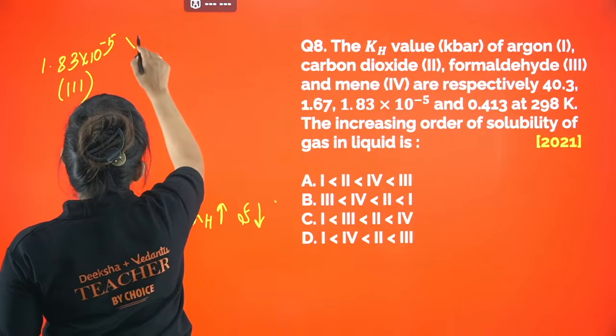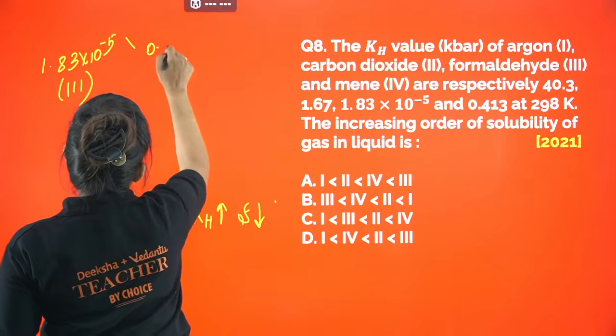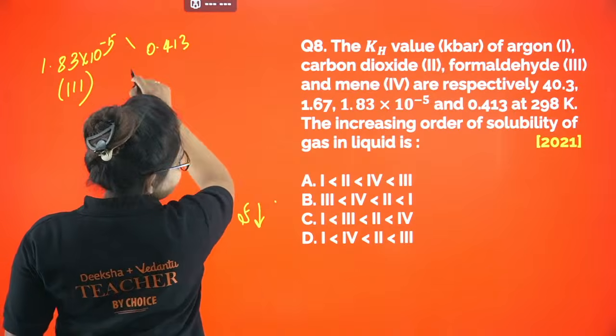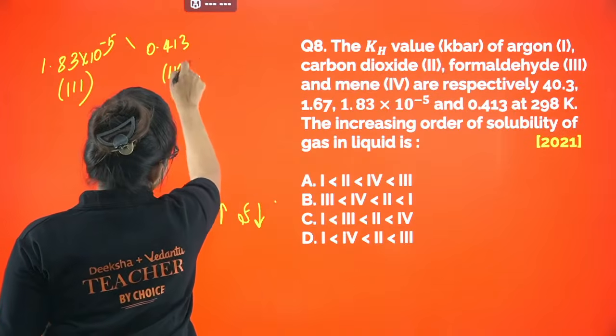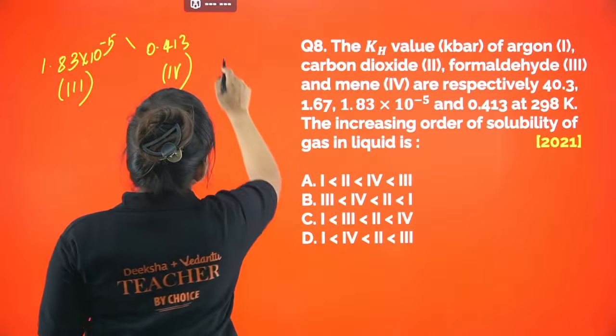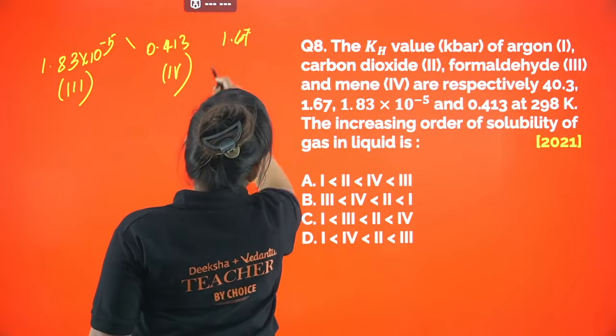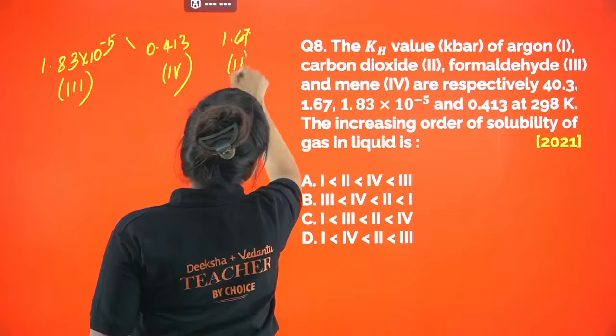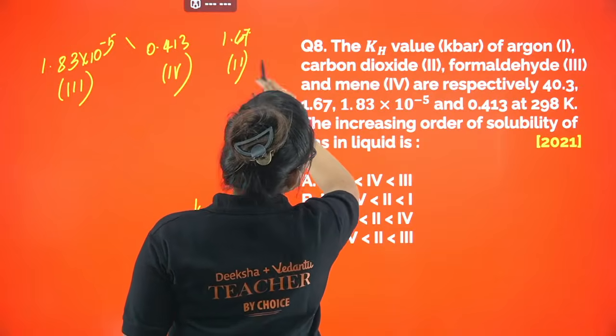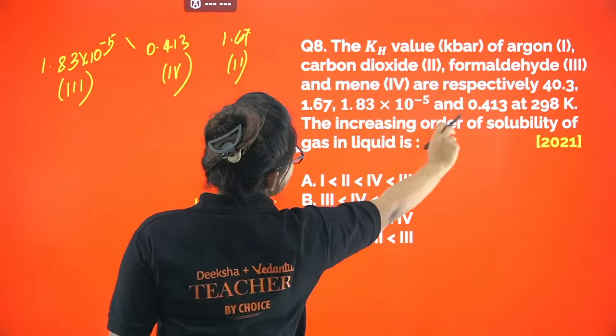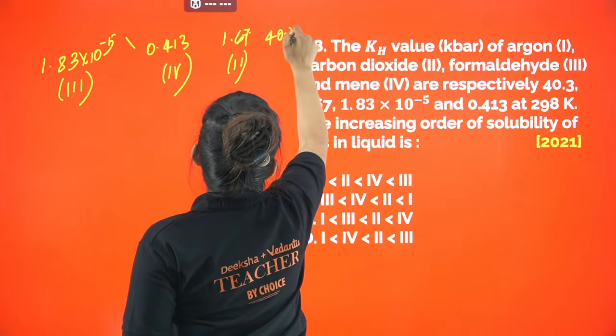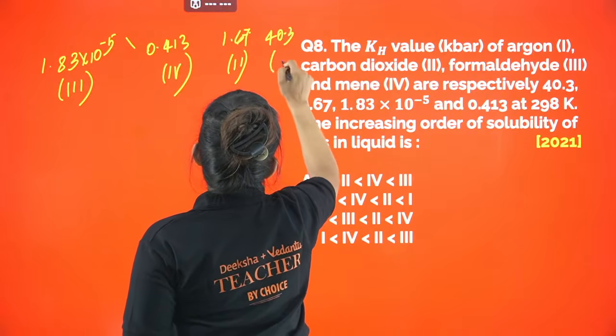Next it will proceed 0.413, that is of 4. Next, it is 1.67, that is of 2. Next, it is 1. Okay, 1 value is how much? 40.3. Okay, that is 1.